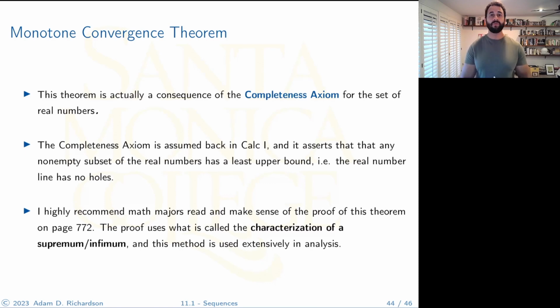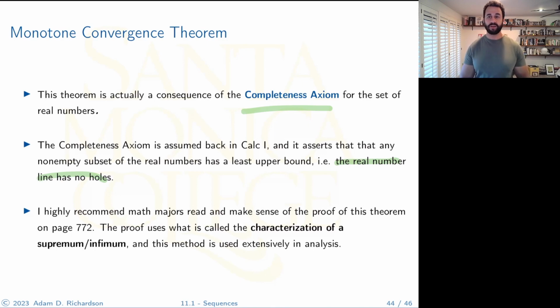But yeah, so when we started Calc 1, we assumed the completeness axiom of the real numbers. In other words, it means this, that the real number line has no holes. The real number line has no holes. Typically, when you talk about this, is when you talk about the intermediate value theorem in Calc 1, because the intermediate value theorem is also equivalent to the completeness axiom.